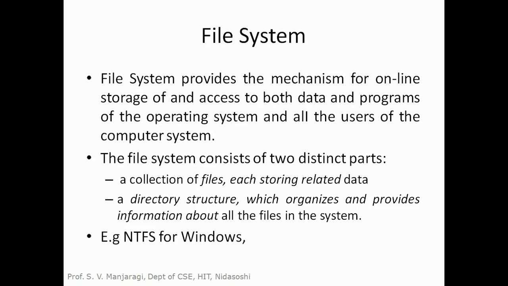A file system basically consists of two independent parts. The first one is the collection of files, each storing related data. The second one is the directory structure, which organizes and provides information about all the files in the system.